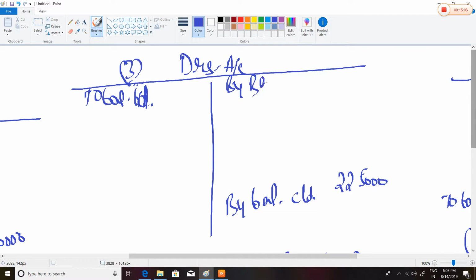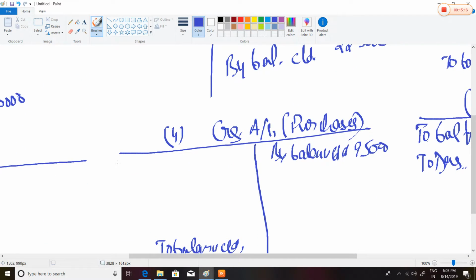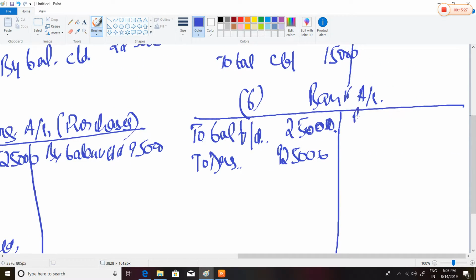By bank 9,25,000. Payment to creditors for purchases 5,25,000. This is not purchases, remember, mind it. This is the payment to creditors. To bank 5,25,000 and by creditors 5,25,000.